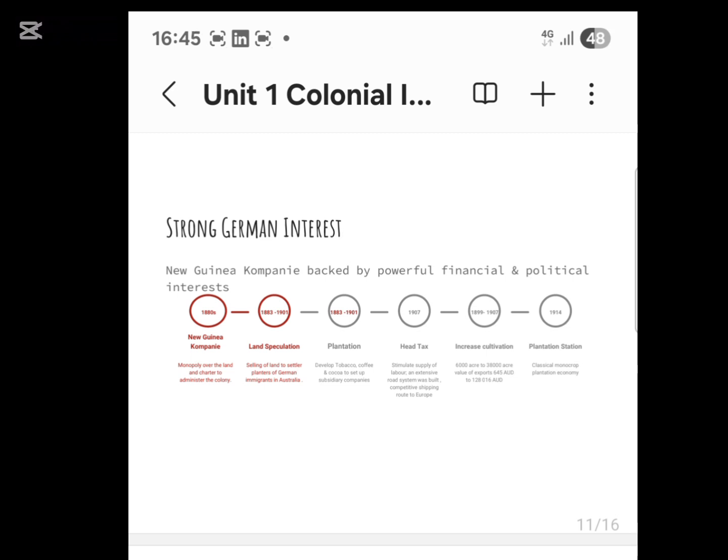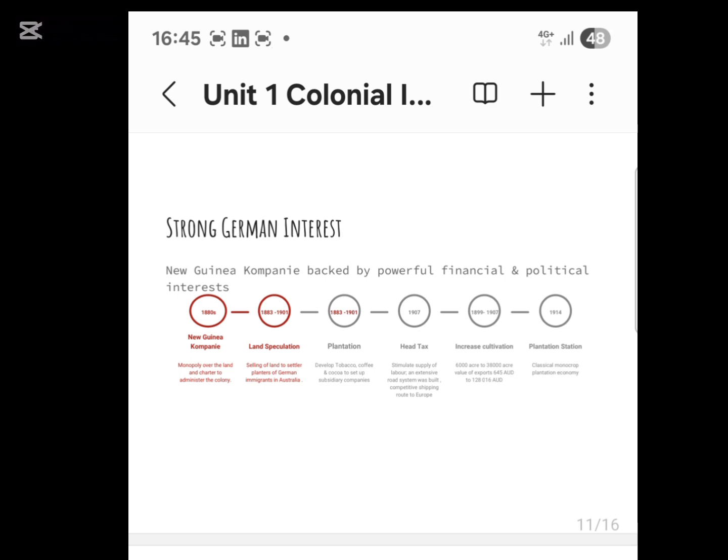By 1899 to 1907, so the increase of cultivation. So basically, increase of cultivation talks about increase of plantation commodities. The planting of cocoa, copra, coffee, tobacco, okay. So increase in cultivation saw an increase in plantation activities from 1899 to 1907.